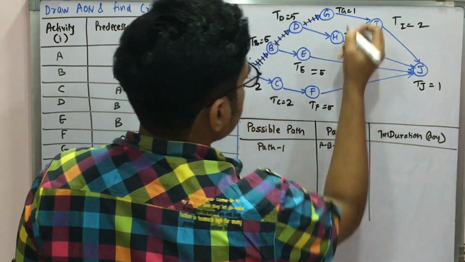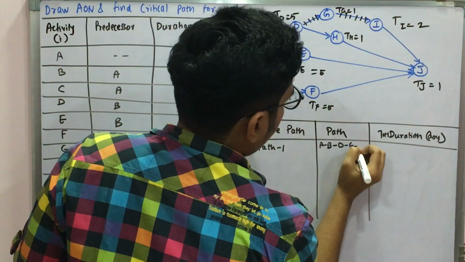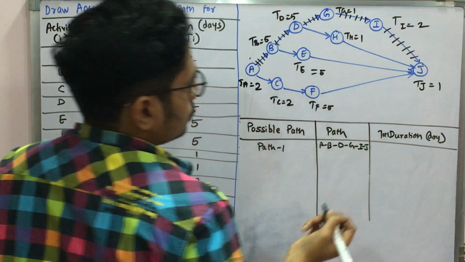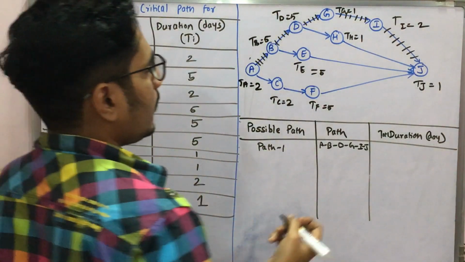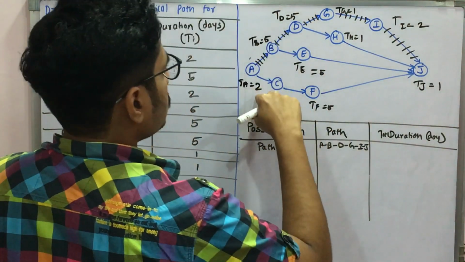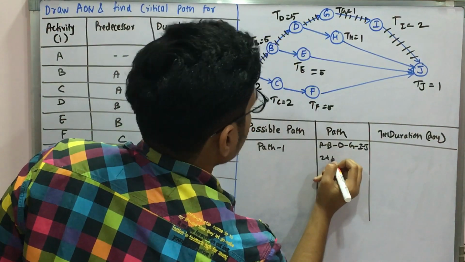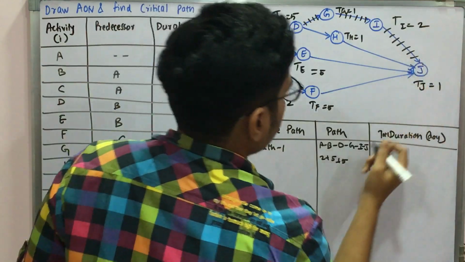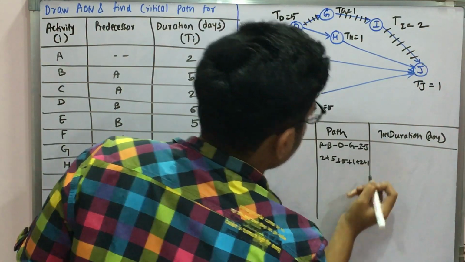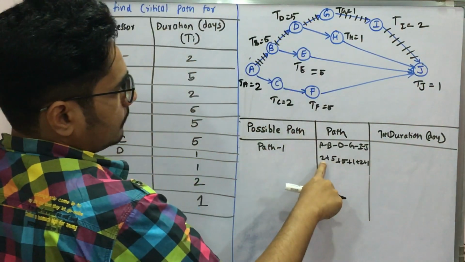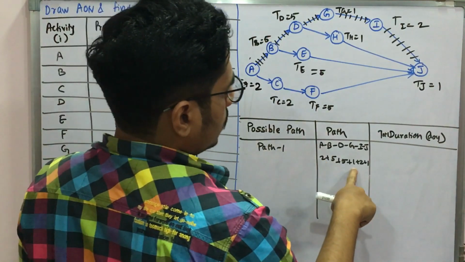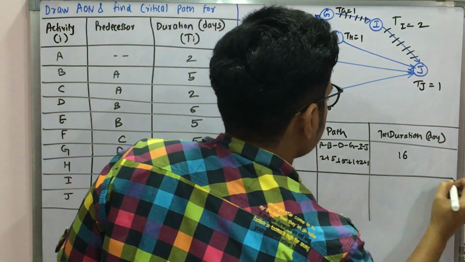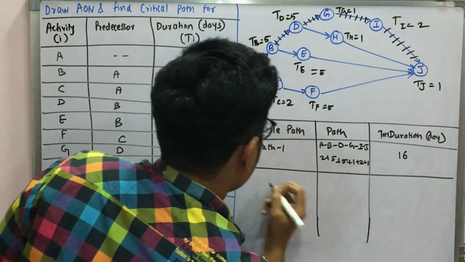Then you have D to G, then G to I, and then finally I to J. So this will be our first path, and the cost will be 2 plus 5 plus 5 plus 1 plus 2 plus 1, that is 5 plus 5, 10 plus 2 is 12, 13, 14 and 16. So the first path gives us 16 as the total duration.